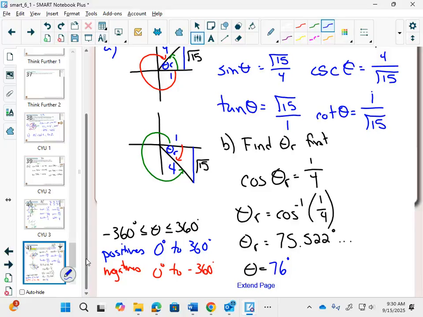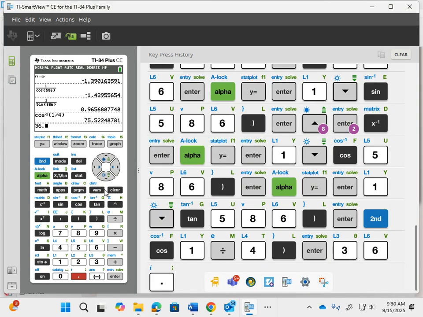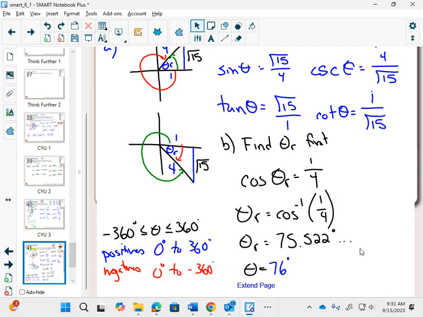I would go all the way around 360 and subtract my reference angle. So on my calculator, I can type 360 subtract this reference angle, and I kept all of its decimal places. I get 284.4. If I round that to the nearest degree, that'll be 284 degrees. So I can write that one in blue as well.